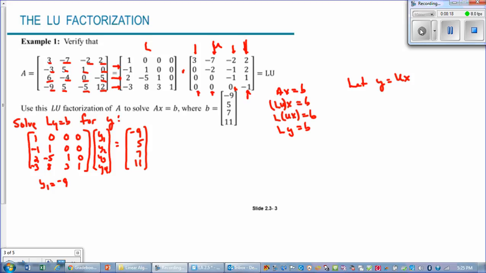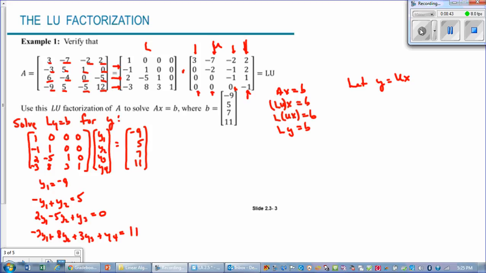And then the second equation is -y1 plus y2 equal to 5. Okay, 2 times y1 minus 5 times y2 plus y3 equal to 0. And then -3 y1 plus 8y2 plus 3y3 plus y4 has to be 11.